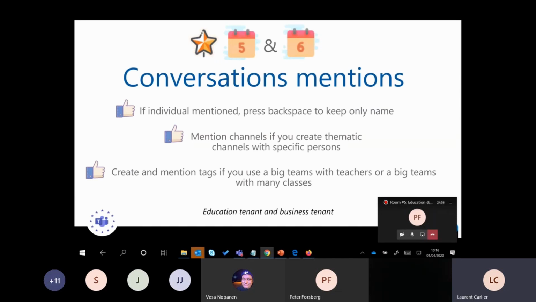It is good if you do not want to have the whole name of the person. I will show you this just after. You can mention channels if you create semantic channels with specific people. And you can also create and mention tags if you use a big team with teachers or a big team with many classes. And I will show you how to do this.